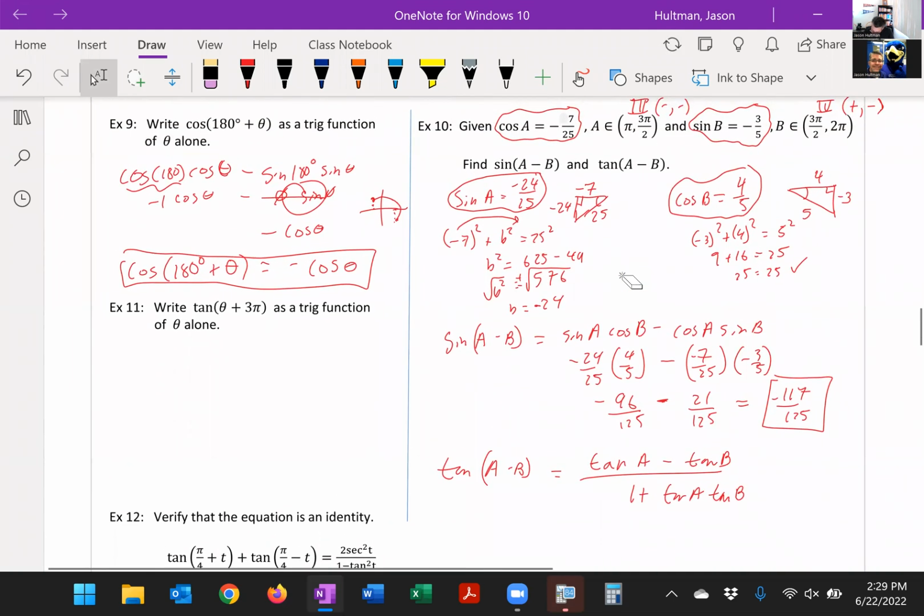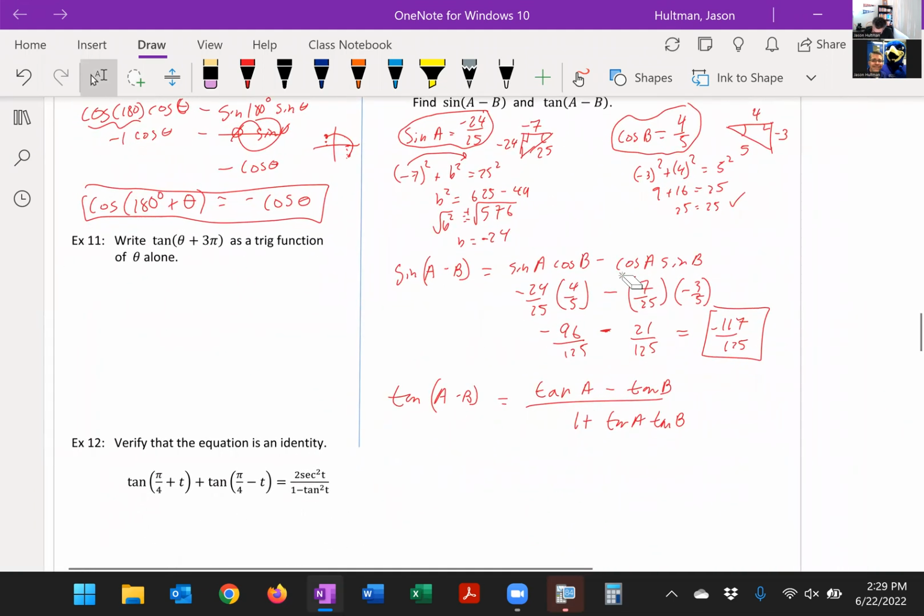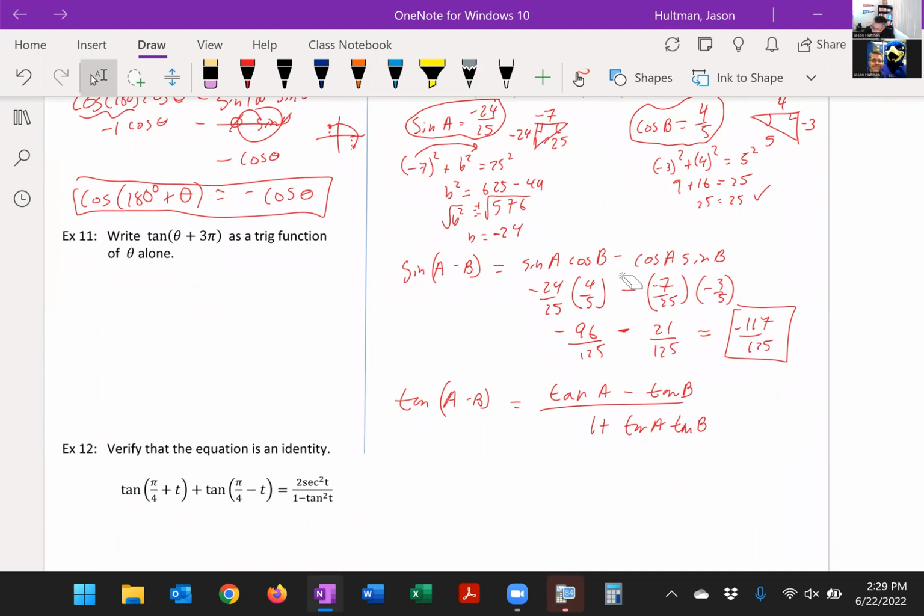Okay, so again, what is the tangent of A and tangent of B here? Well, how do we find the tangent of A? Well, tangent of A is going to be sine over cosine, right? So tangent of A is sine A over cosine A. And the sine A was negative 24 over 25. Cosine A was negative 7 over 25. So the tangent here in the third quadrant is, we could have actually just looked at the triangle.